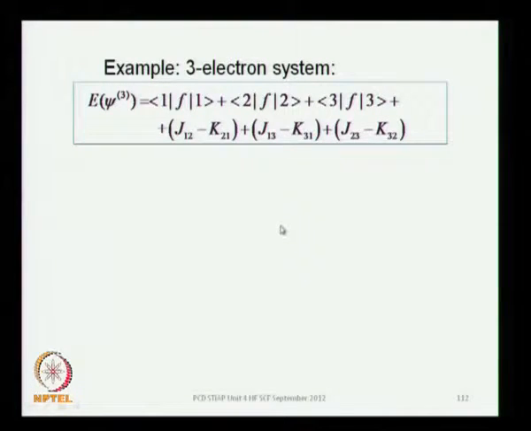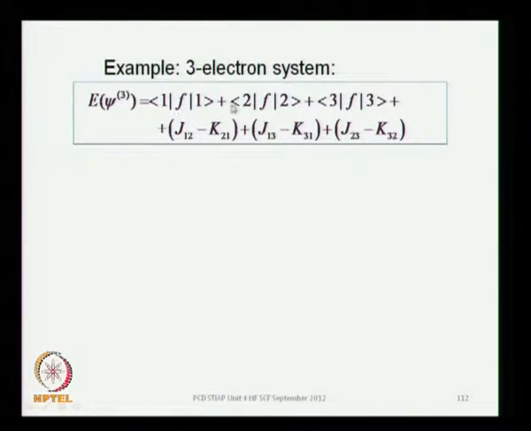Now, let us take an example of a 3 electron system just to get some feel for these numbers. So, for the 3 electron system, the energy expression which we wrote on the previous slide will add up to these integrals.